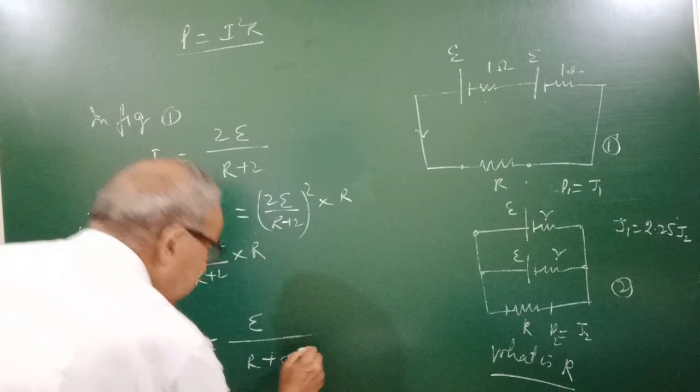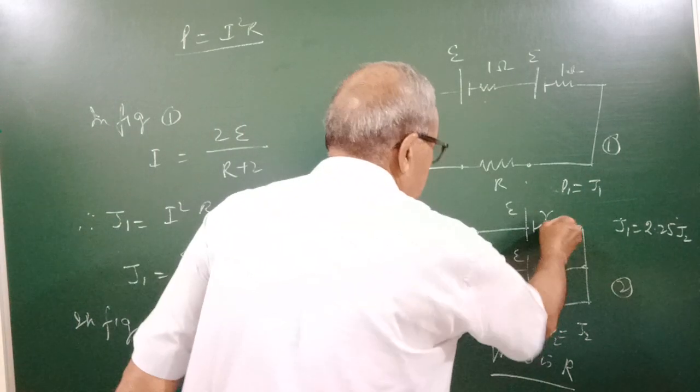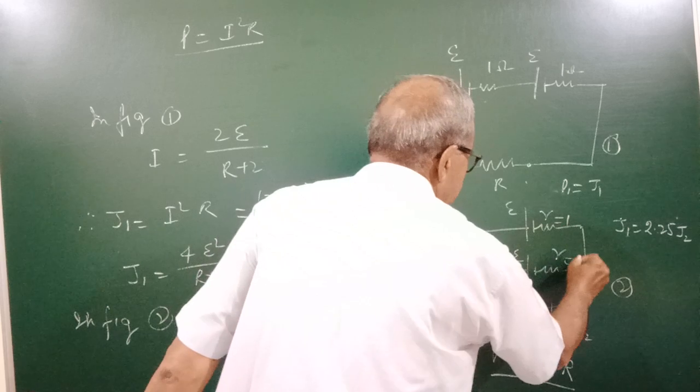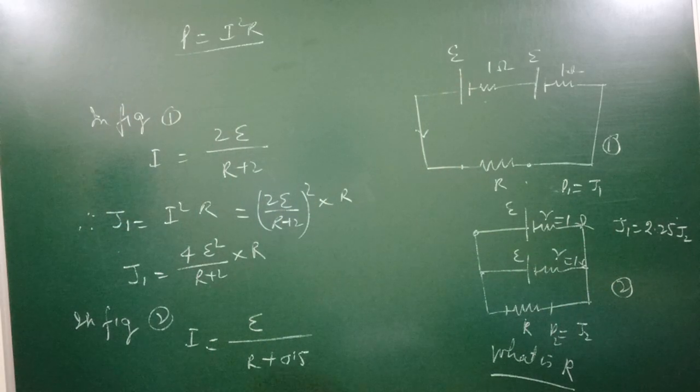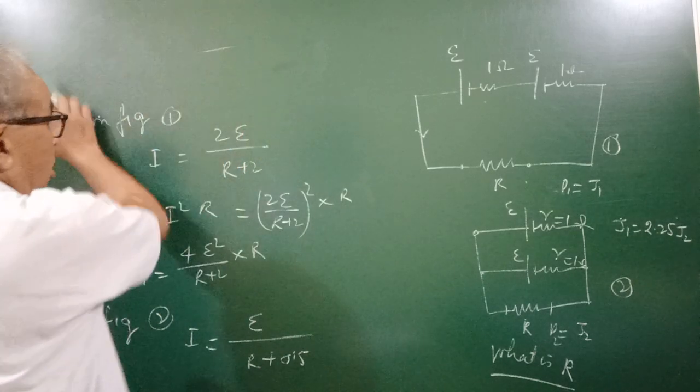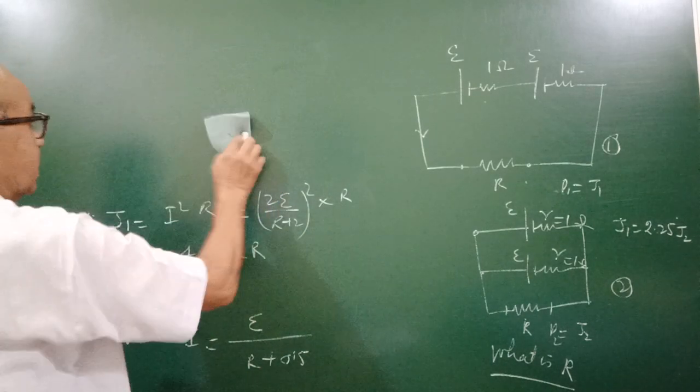What is 0.5? Equivalent resistance of these two R, 1 ohm है ना, है भाई, and hence J2 है भाई. अब J2 क्या होगा?